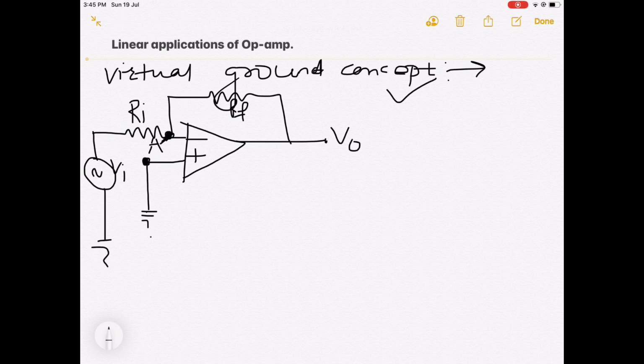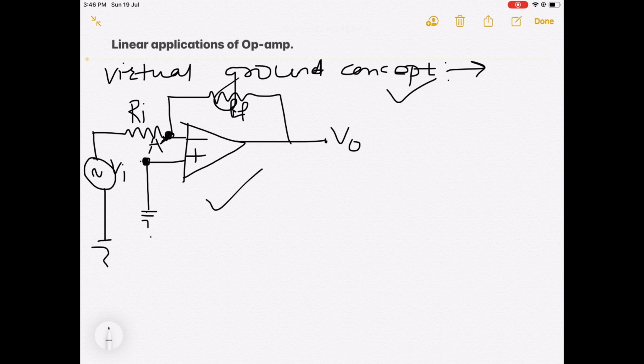What is virtual ground concept? Let us see that. Virtual ground is a ground which acts like a ground. It may not have physical connection to the ground. This property of an ideal op-amp indicates that inverting and non-inverting terminals of op-amp are at the same potential. The non-inverting input is grounded for the inverting amplifier circuit as shown in this figure.